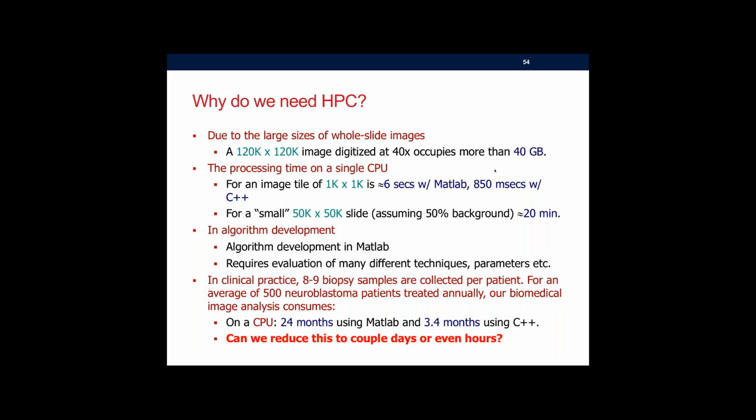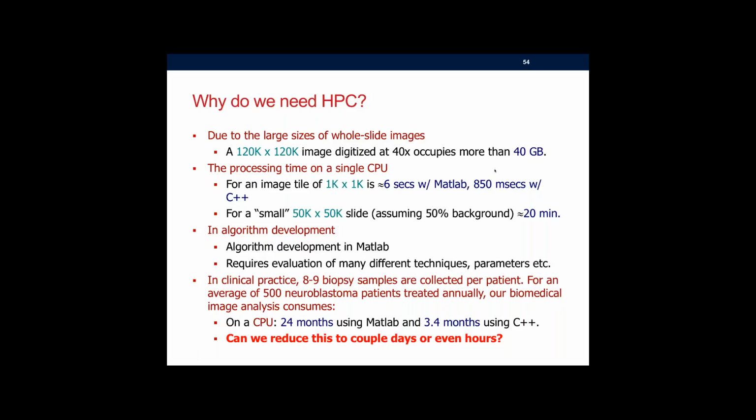If you just look at one small tile of this image, like 1,000 by 1,000 pixels, it will take about 6 seconds in MATLAB. If you convert that into more efficient programming with C, you can get less than a second. But even with that, even for a small slide and half of the background, it will take about 20 minutes to actually analyze the slide.